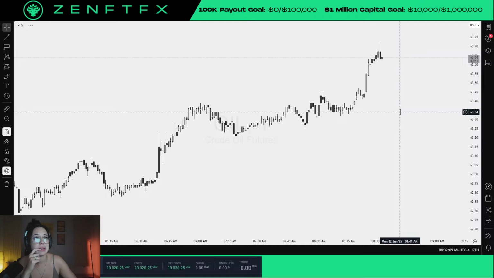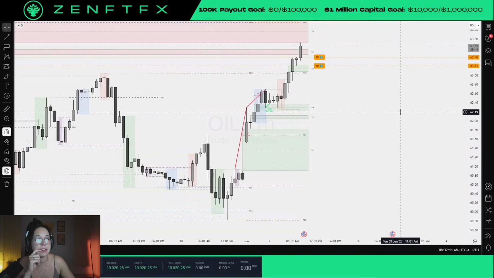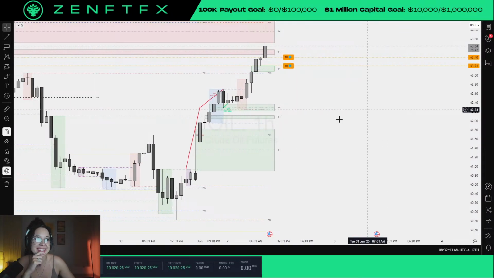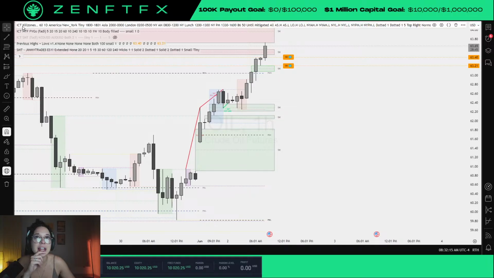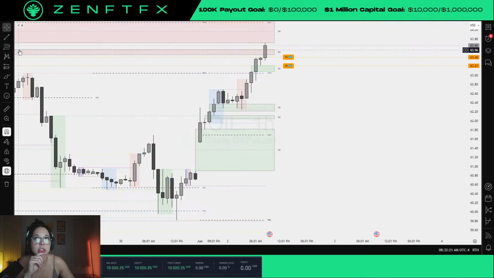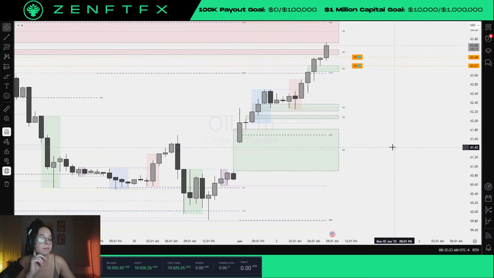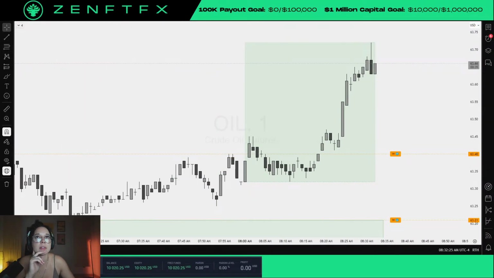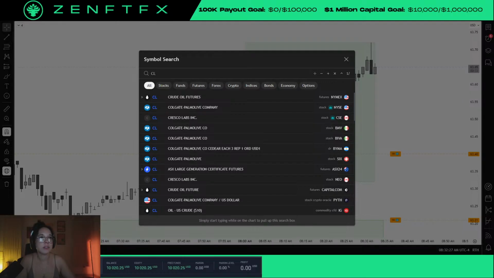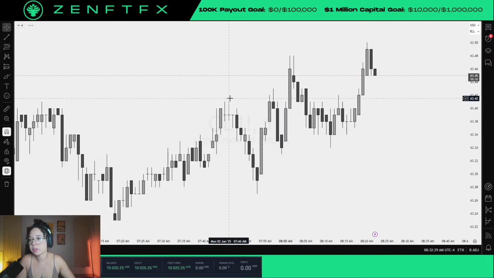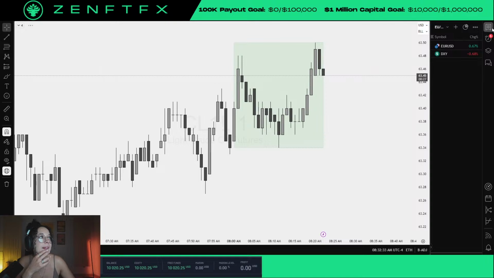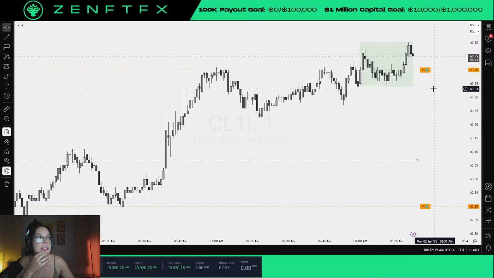Damn, oil has just been on such a... Look at this fat, nasty pump. That is wild. If I check it on the futures, I haven't been trading futures, so I haven't been paying for the real-time data. So it's probably delayed.